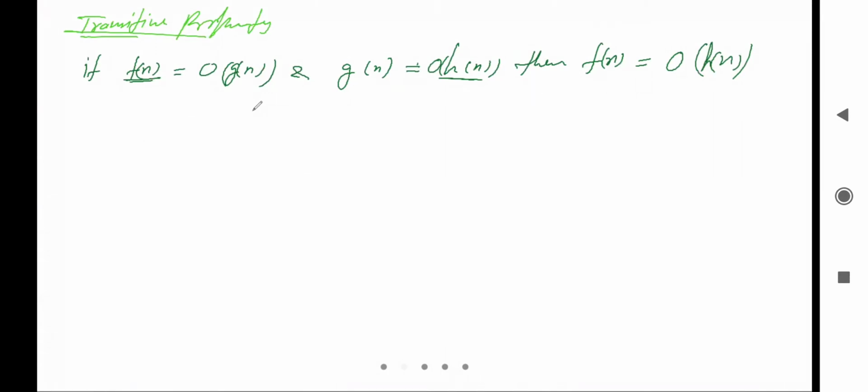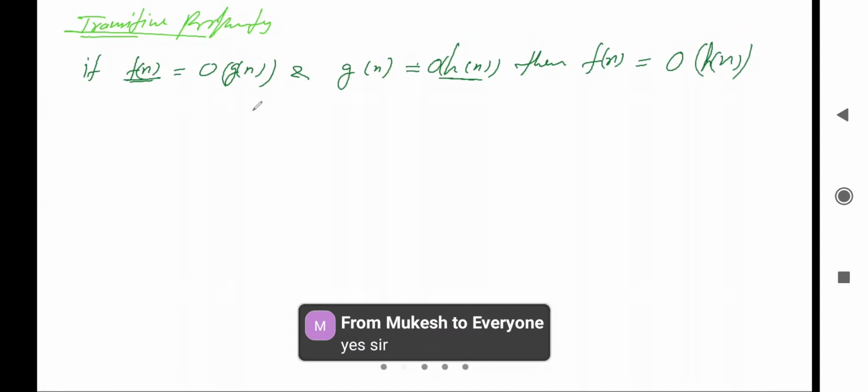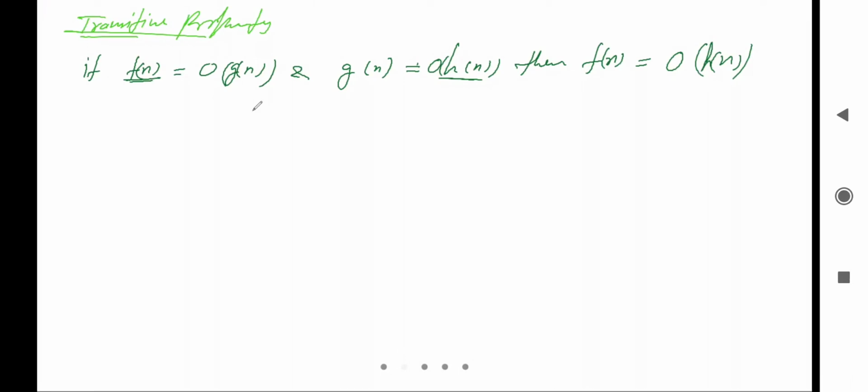Yes, what about others? Okay, let's understand. If it is f of n equal to order of g of n, let's see the example. Here f of n means it is n, and g of n assume it is n square, right?